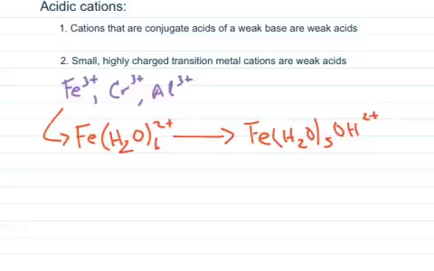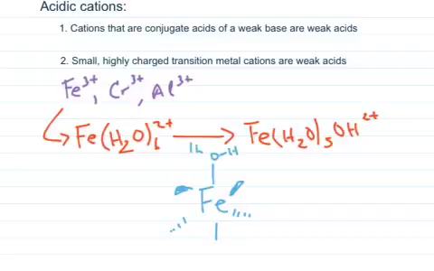Now, what does this molecule actually look like? Some of you are wondering, so I'm just going to draw it for you. Because there are 6 things around the iron, we know that this is going to be an octahedral. So I'm going to draw out the octahedral, and then it's going to have the water all around.